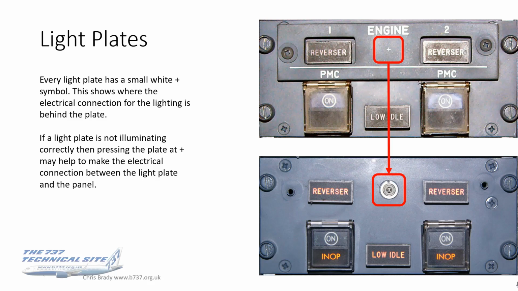So if a light plate isn't illuminating correctly, if you push or press on the light plate at the plus sign, it might help make the electrical connection between the light plate and the panel. So that's the mystery of the cross solved for those that were curious.